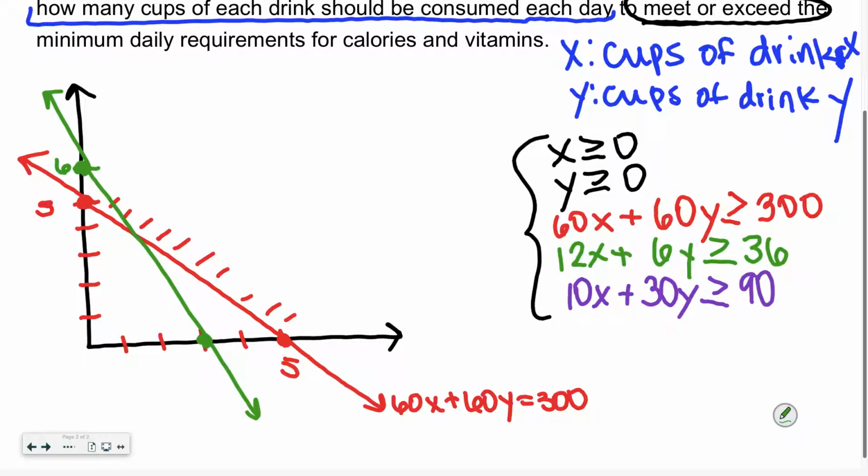Here again, I have this all color-coded, but if you don't, I'm going to go ahead and label that this is 12x plus 6y equals 36 so that I know which line that is. And would we shade towards or away from 0, 0? We would shade away because 0, 0 wouldn't work.